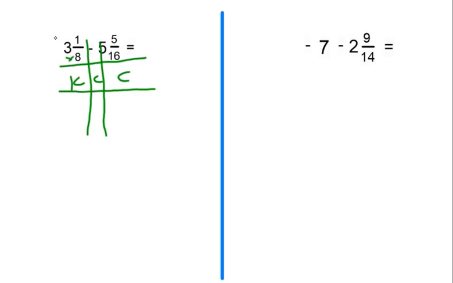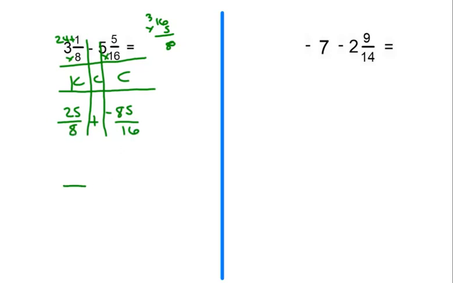So 3 times 8 is 24. 24 plus 1 is 25 over 8. Change the minus to a plus. And then 16 times 5 is 80. 80 plus 5 is 85 over 16, but that was positive, so it's going to become negative.